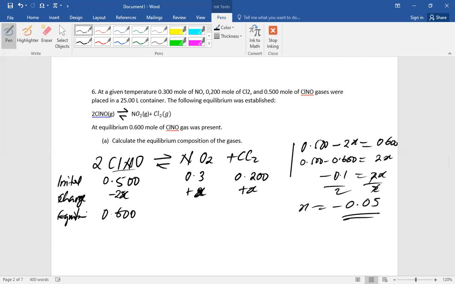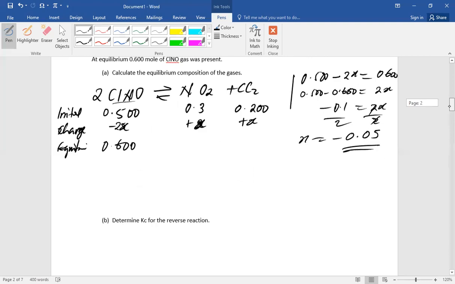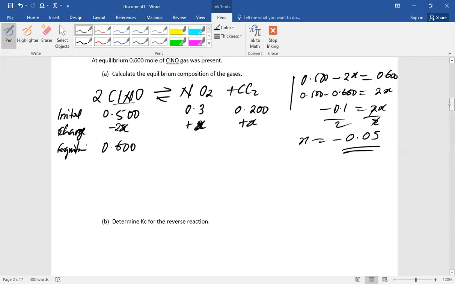So then what will be the equilibrium number of moles of nitrogen and the others? We put negative 0.05 there. So from 3, we're going to say 3 plus negative 0.05, and 2 minus that.